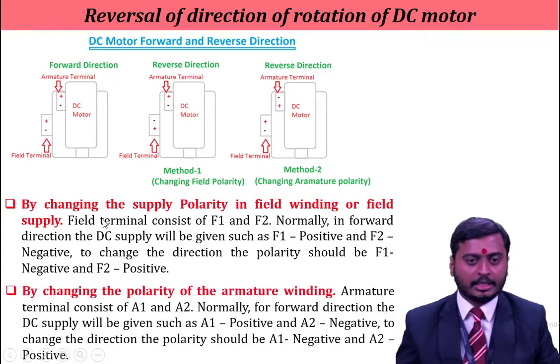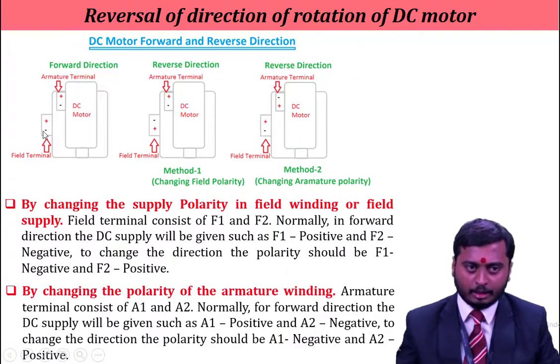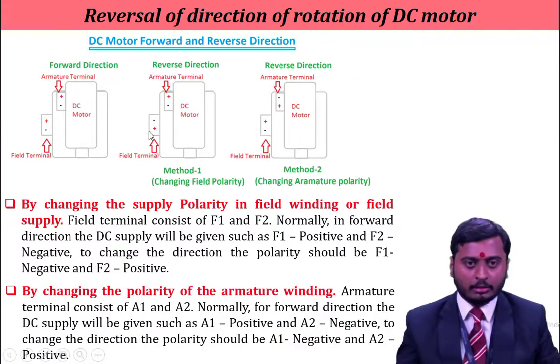The second is by changing the polarity of the armature winding. Now how to change the polarity of the armature winding? Here you will see this is your field terminal, and this is your armature terminal, consisting of A1 and A2.